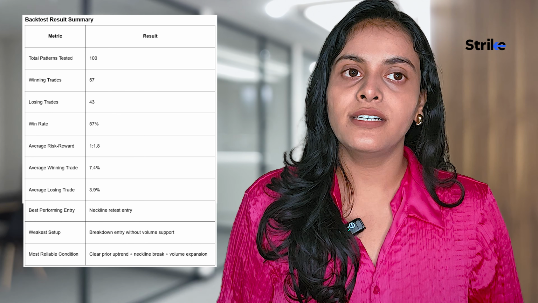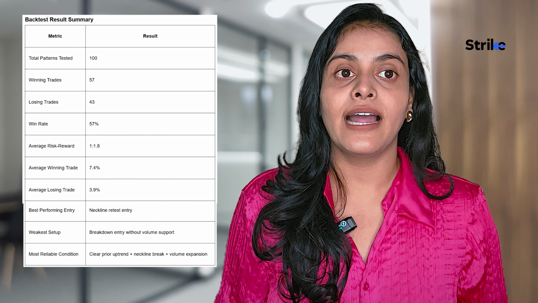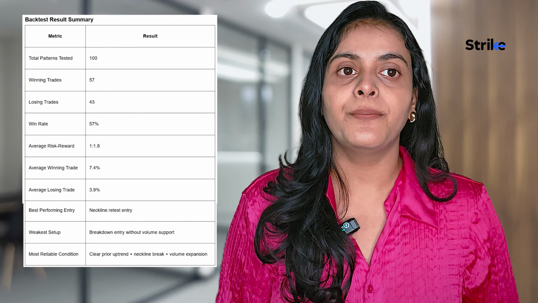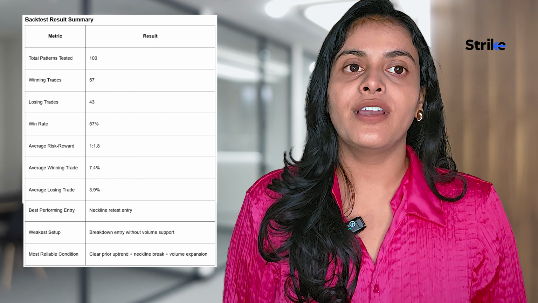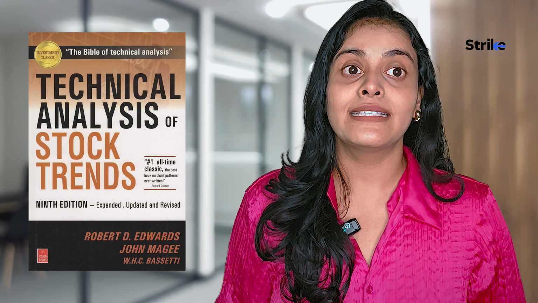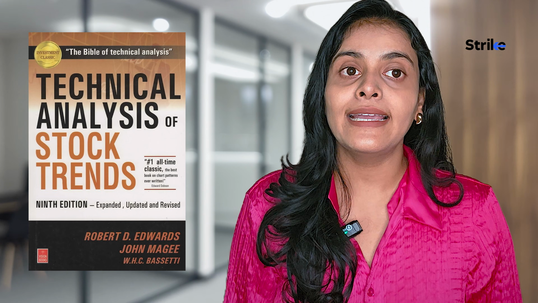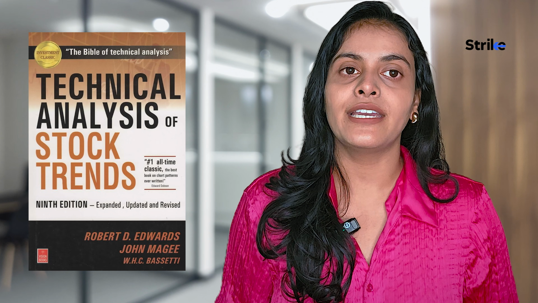Our backtesting results with the head and shoulders strategy tell us that both the top, the bearish reversal, and the bottom, inverse head and shoulders, the bullish reversal, have been regarded as the most reliable chart reversal patterns since Edwards and Magee published Technical Analysis of Stock Trends in 1948.